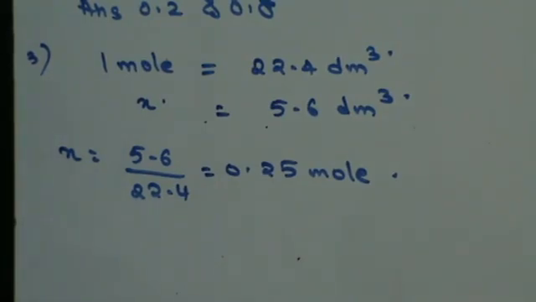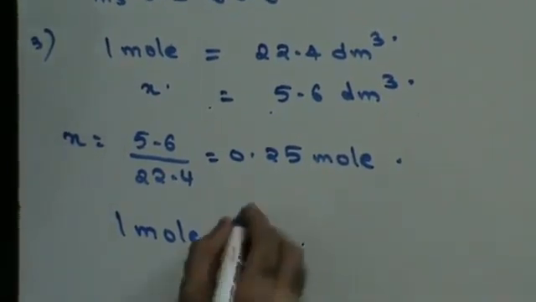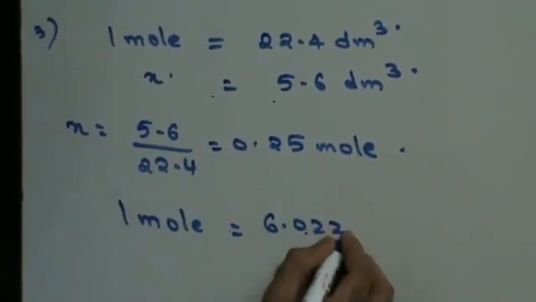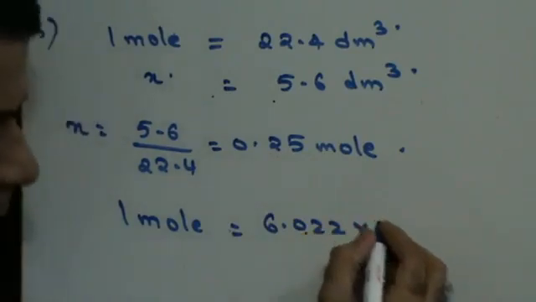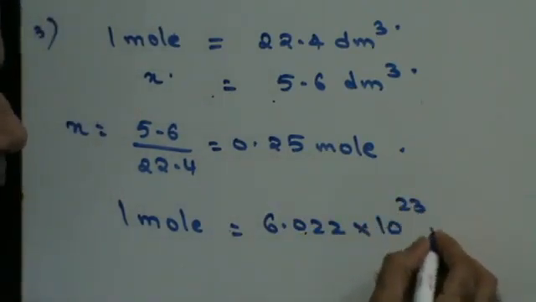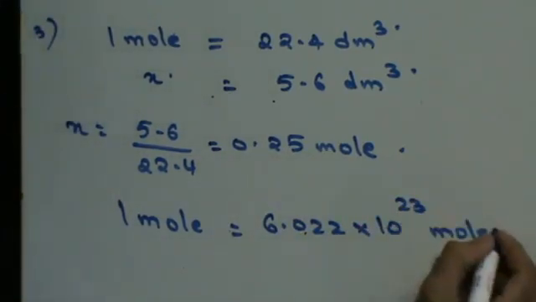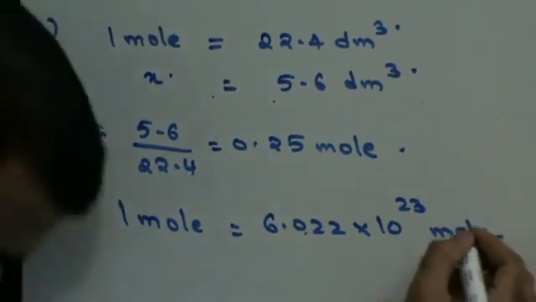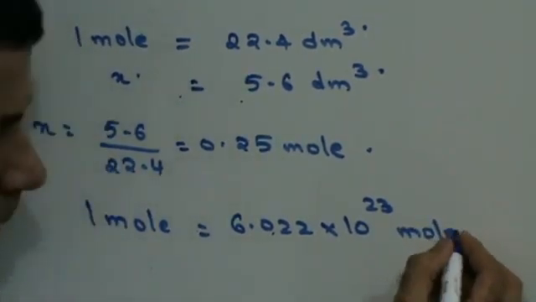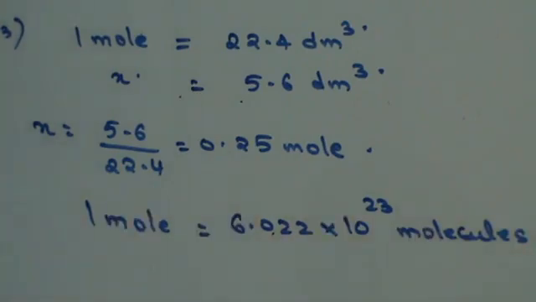Now we know that if I use Avogadro's number, 1 mole of any substance has 6.022 into 10 raised to 23 molecules.